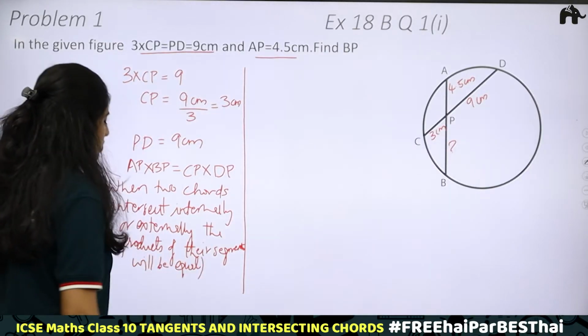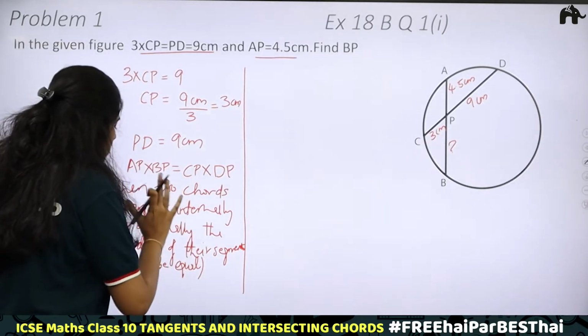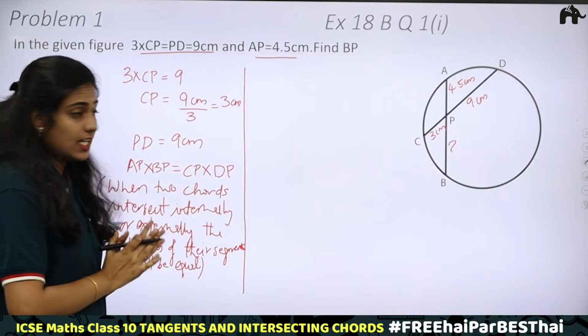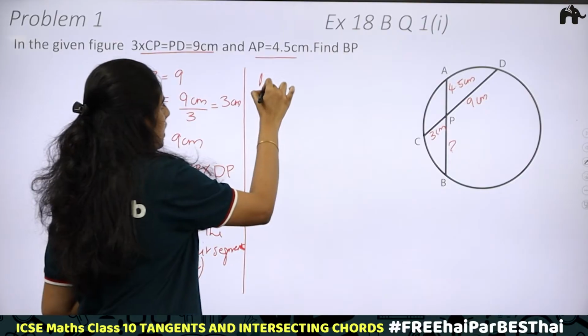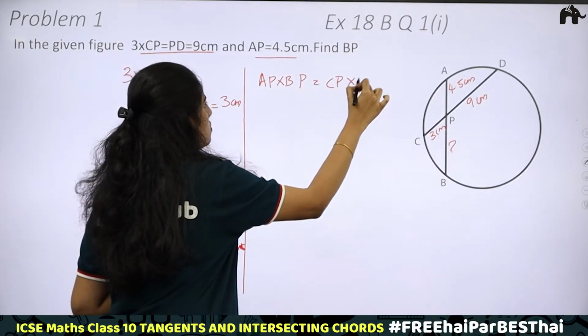Okay. So never forget to write the theorem. It carries some marks. So you have to have a clear idea about the correct statement of the theorem, and you have to include the theorem as well. So we have AP into BP equal to CP into DP.